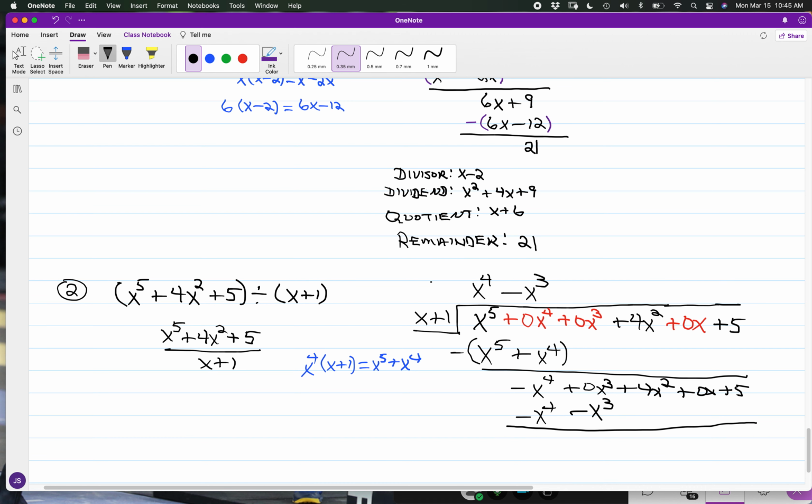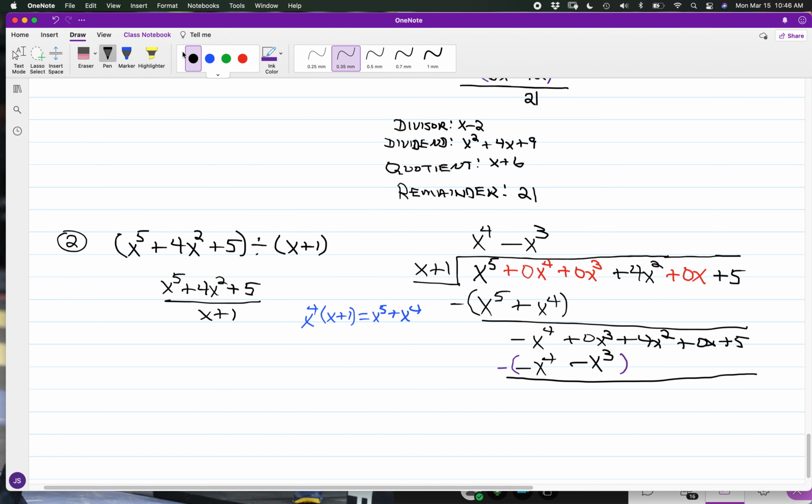And we now have with distributing subtraction, negative x to the fourth plus x to the fourth will cancel. Now we got 0x cubed and what's going to be plus x cubed, so this will be x cubed. And bring down the rest, so you have plus 4x squared. You have plus 0x. And again, the 0x is for placeholder purposes.